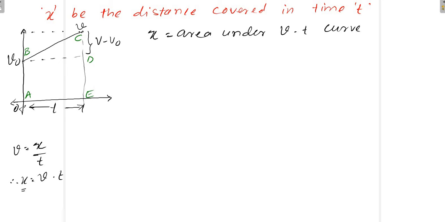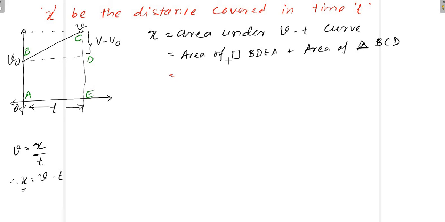So this area is nothing but the area of the rectangle BDEA plus the area of the triangle on the upper side, that is B, C and D, right?